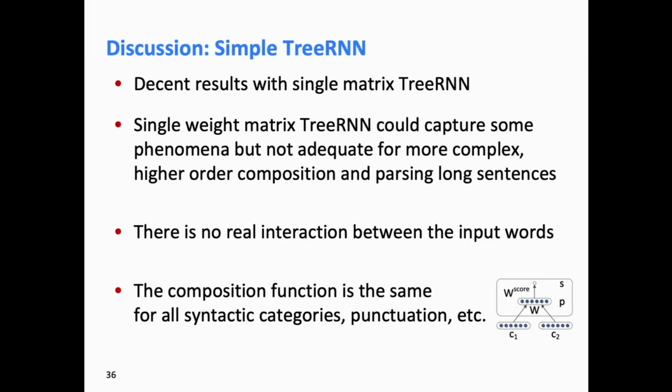But once we started thinking about it more, it seemed like that very simple neural net function couldn't possibly compute the kind of meanings that we wanted to compute for sentence meanings. And so we set about trying to come up with more complex meaning composition functions at nodes that could then be used to build a better neural network.